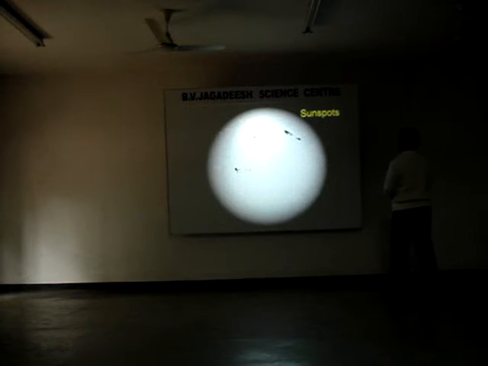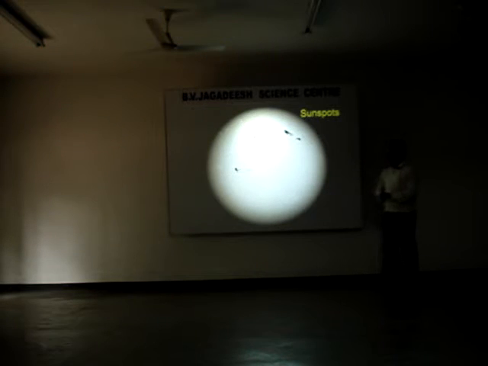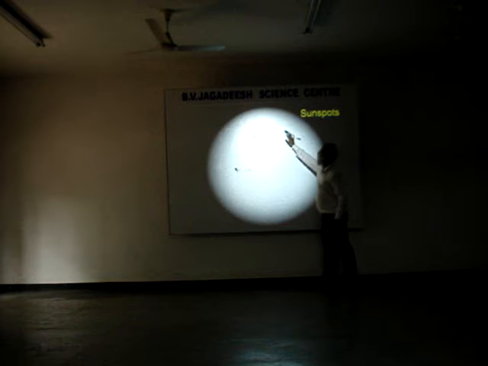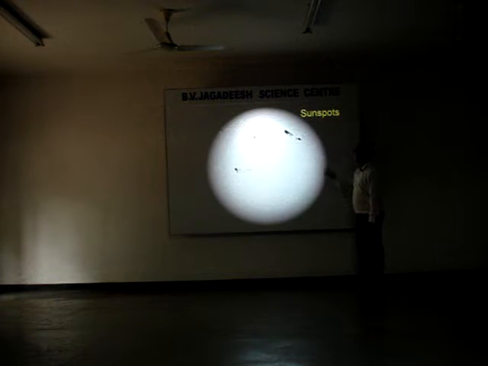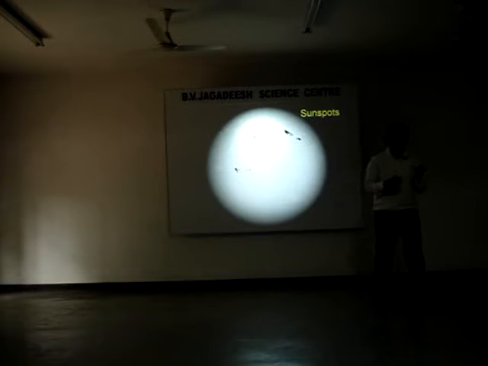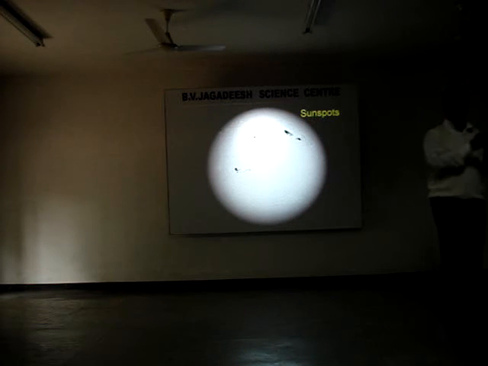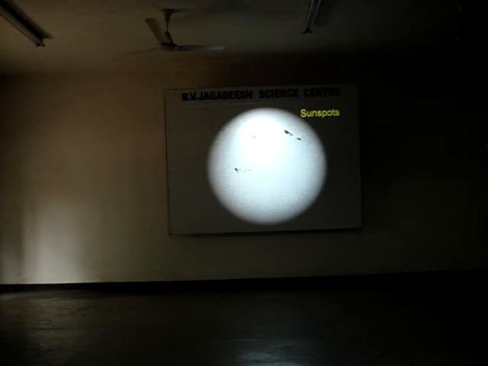These are sunspots. Okay. Typically, most important for any students doing a project or amateur astronomers is the life cycle of the sunspot. These are dark areas of the sun. They typically look dark because they are relatively cooler regions of the sun. Why are they cooler?